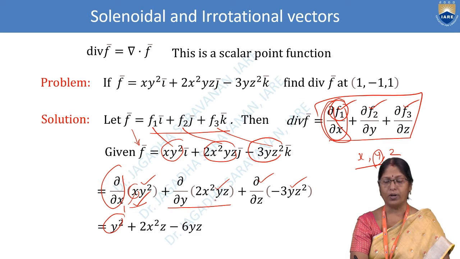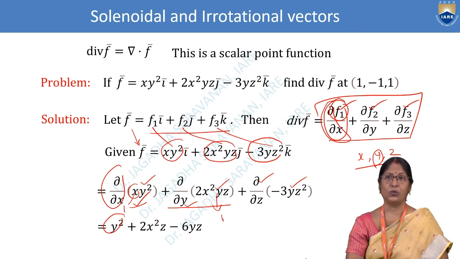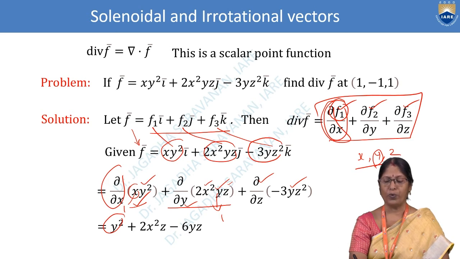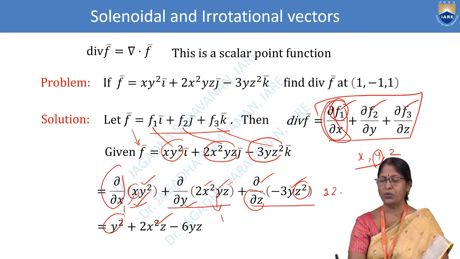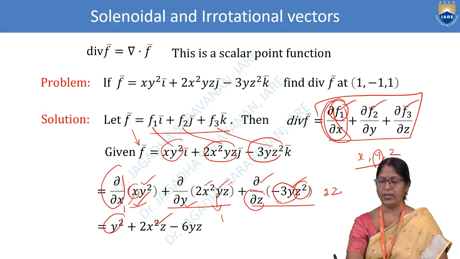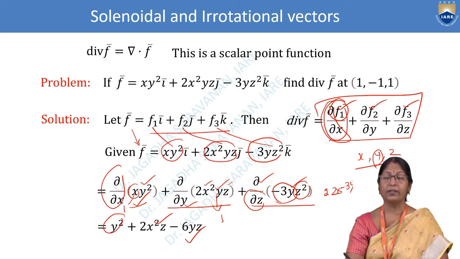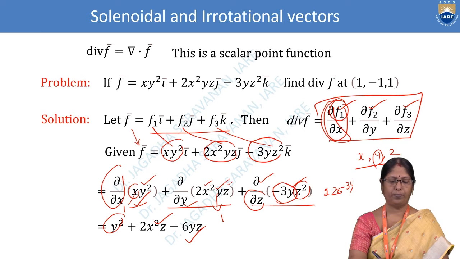Now we move to partial with respect to y. Here the derivative of y is 1, and the others, x and z, are treated as constants. So we get 2x square z into 1, that is 2x square z. Finally, the third term, with respect to z: the derivative of z square is 2z. Here minus 3y is already there, so it becomes minus 6yz.